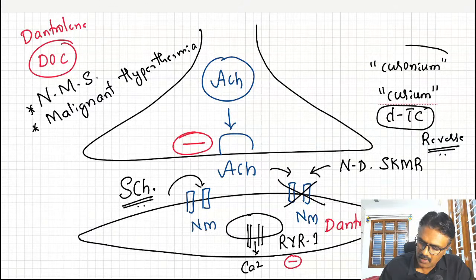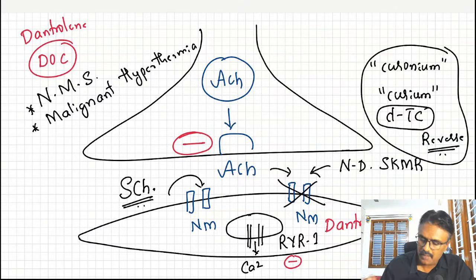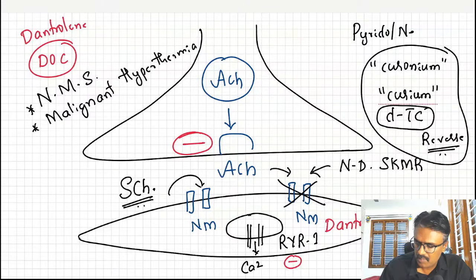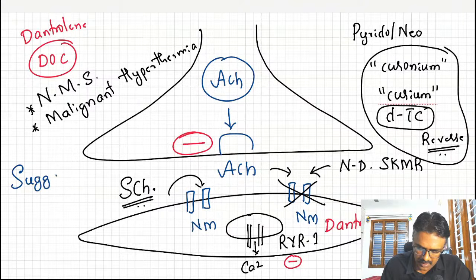Now, I was asking you a question: how do you reverse D-tubocurarine? I just discussed that point. Either we give pyridostigmine or we give neostigmine to reverse them. But as somebody commented, there is a reversal agent called sugammadex. Now tell me, where do you use this to reverse?